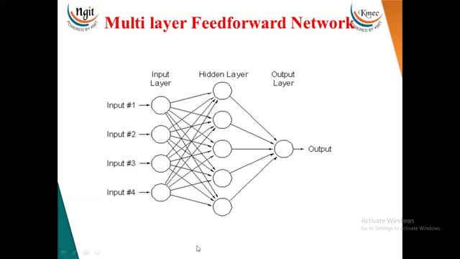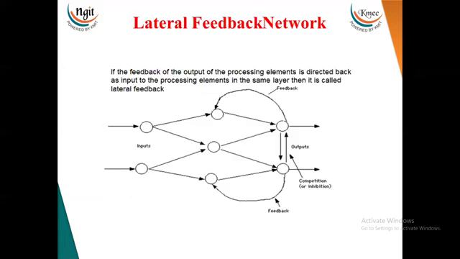You may have 3 hidden layers or 4 or 100, but this will continue until it satisfies your threshold value. So this is the multi-layer feed-forward network.